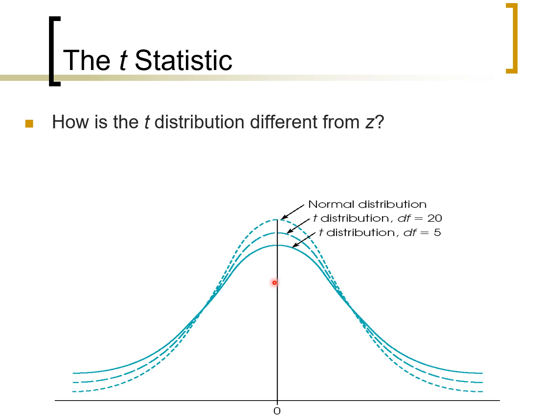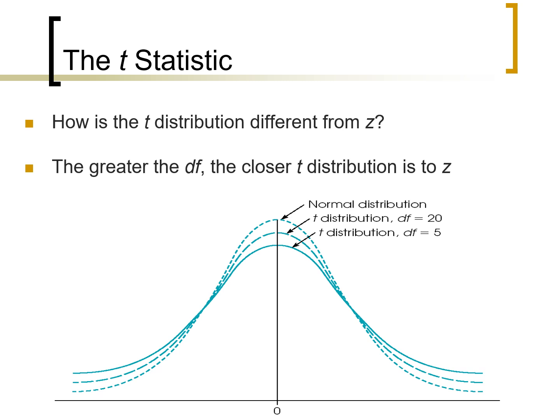So that means how we find our critical areas and values, our cutoffs, is going to be a bit different. We have to factor in the sample size when we didn't have to do that looking for critical regions for our Z table or unit normal table. So essentially, the greater the degrees of freedom, the closer the t-distribution is to z, and those cutoffs will look about similar to some we've seen before.